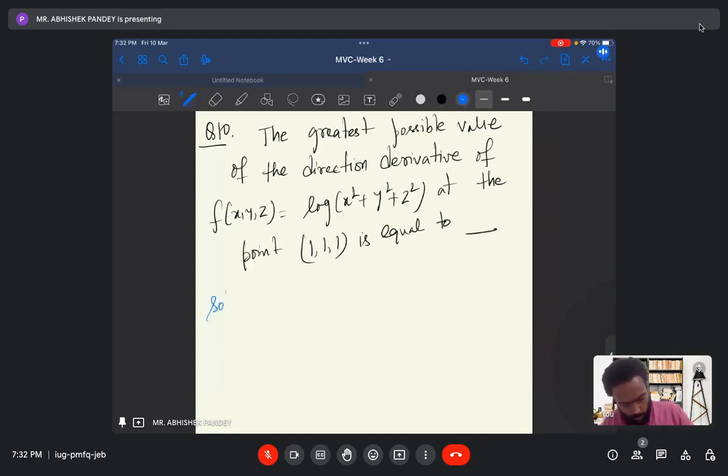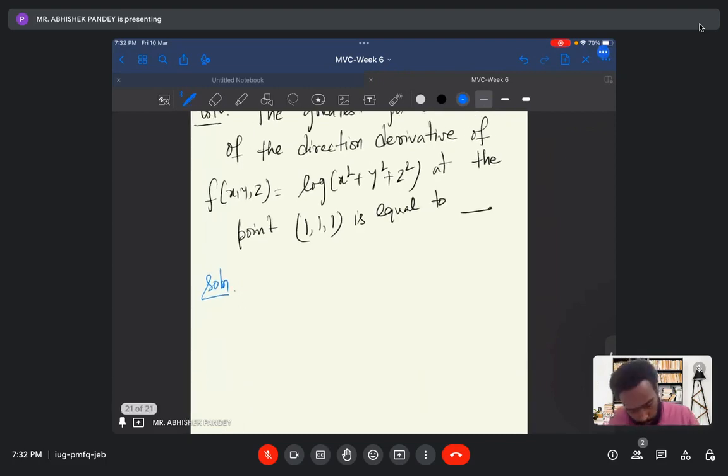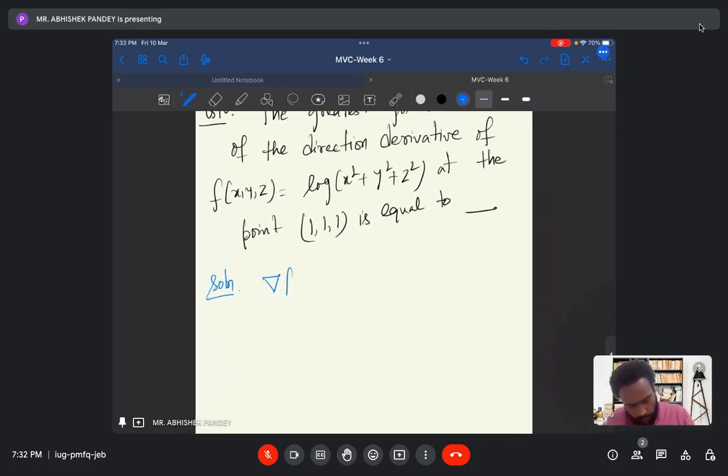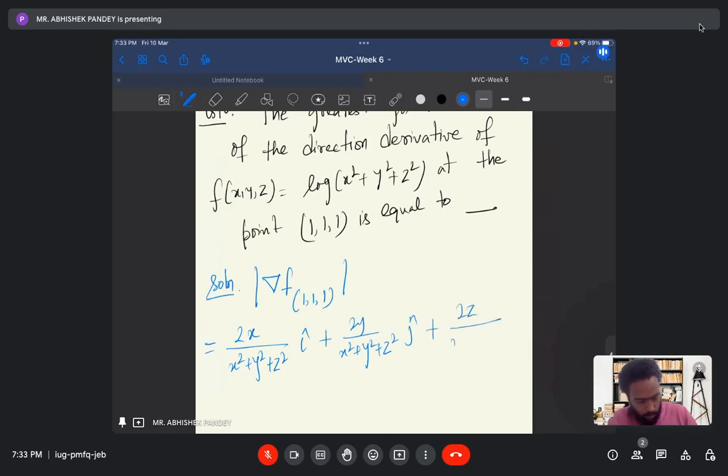Okay, the solution is, again we need to find del of f at point (1, 1, 1), and its modulus. So del f is 2x upon x square plus y square plus z square i cap plus 2y upon x square plus y square plus z square j cap plus 2z upon x square plus y square plus z square k cap.